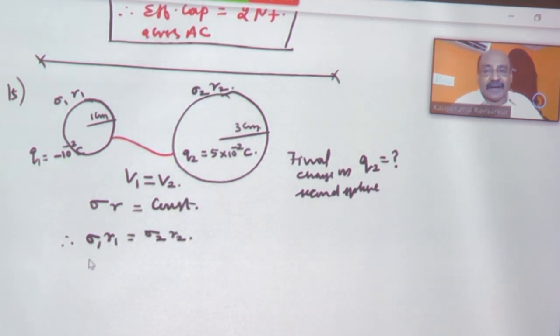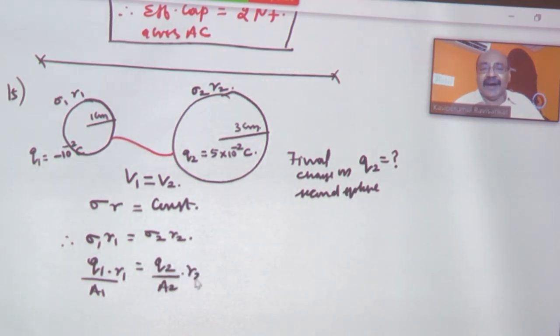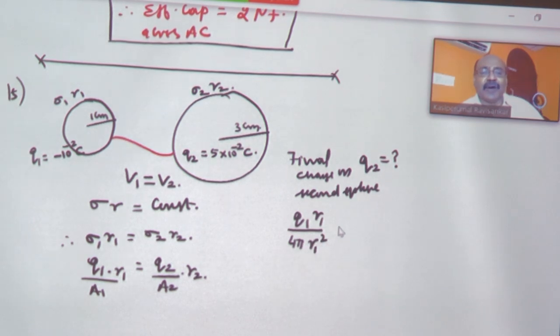What is sigma? Q by A. So I can write Q1 divided by A1 into R1 is equal to Q2 divided by A2 into R2. How can I simplify this? See, Q1 into R1 divided by, what is this A1? Area of a sphere, 4 pi R square, or 4 pi R1 square, is equal to Q2 into R2 divided by 4 pi R2 square.